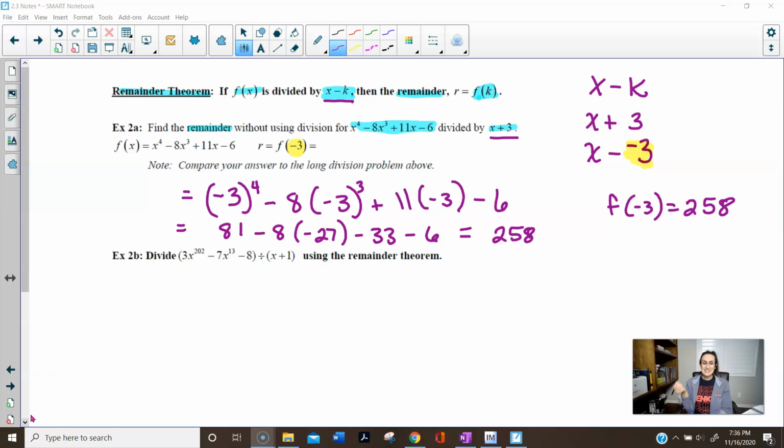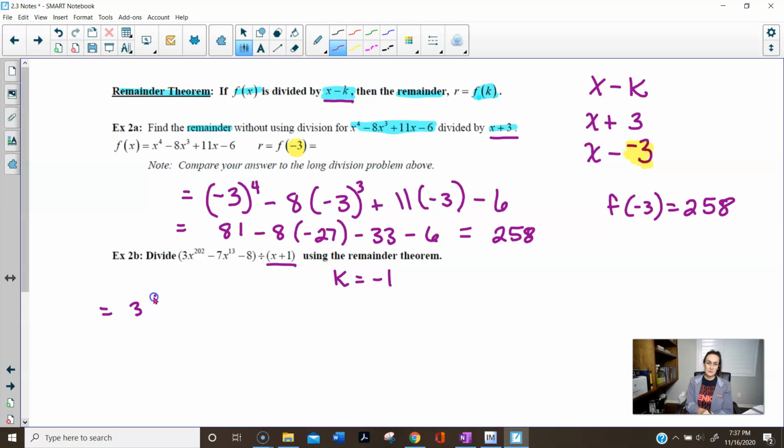So let's look at example 2b using the remainder theorem. If I give you that I'm dividing by x plus 1, then k is going to equal -1. All right, so let's take -1 and plug it into the function.